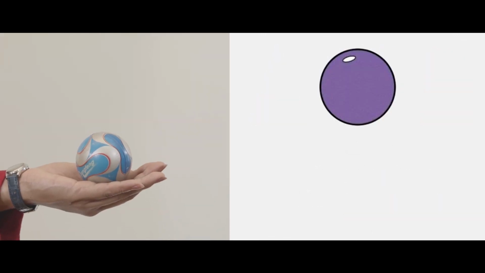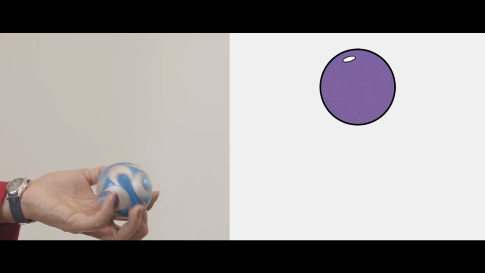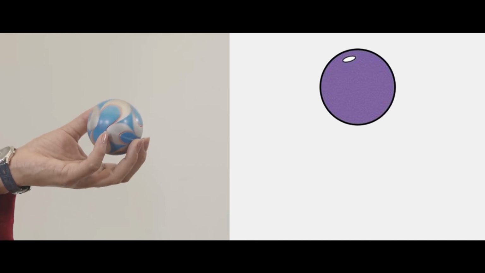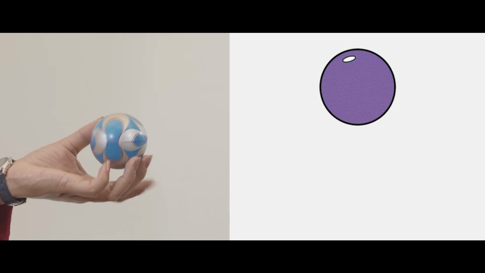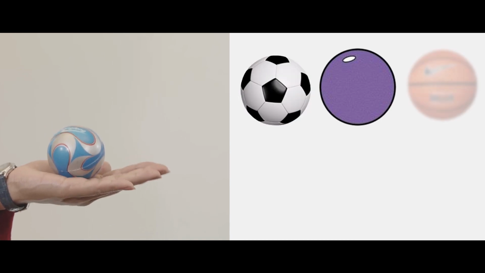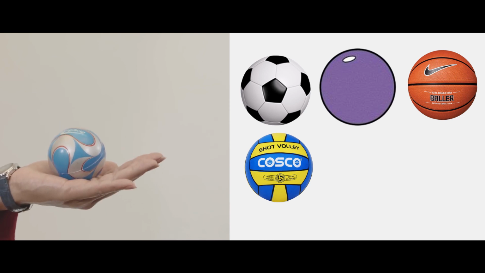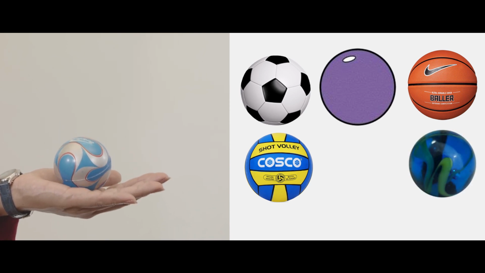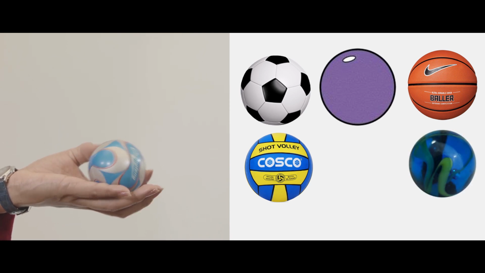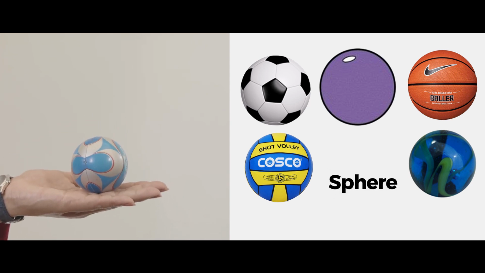Now take a look at this shape. This is a very interesting shape. It is a perfectly round shape. We have footballs, basketballs, and volleyballs of this shape, right? We also have beautiful marbles of this shape. Now, this shape is called a sphere.